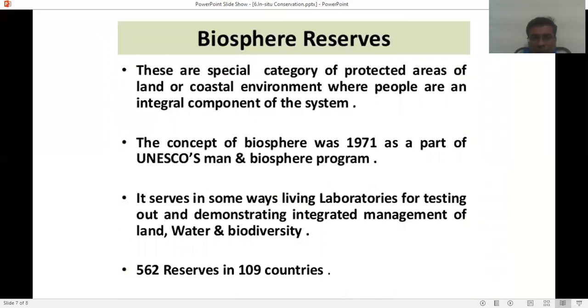And the next one is biosphere reserves. These are a special category of protection in the coastal environment where people are an integral component. They serve in some ways as living laboratories for testing out and demonstrating integrated management of land, water, and biodiversity.